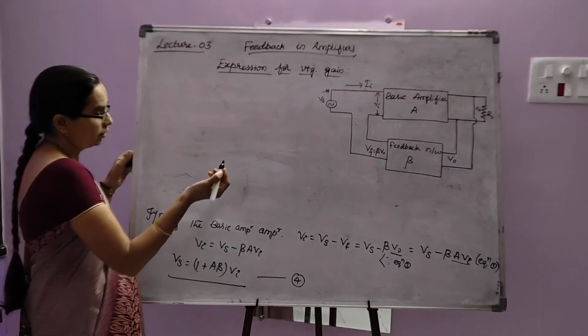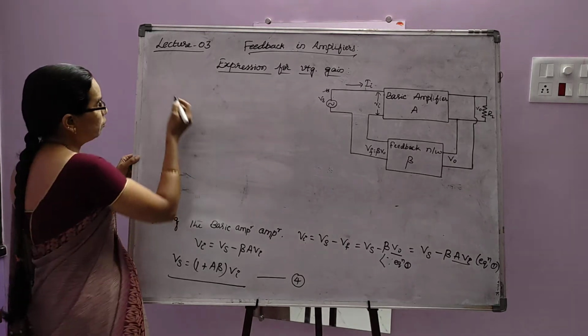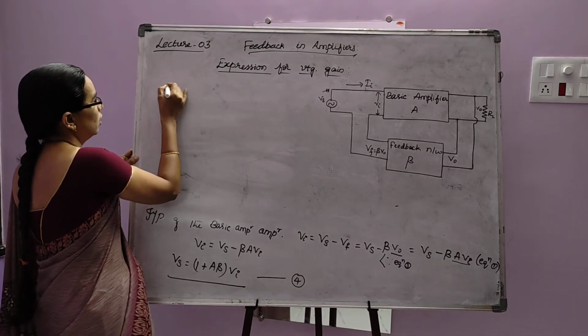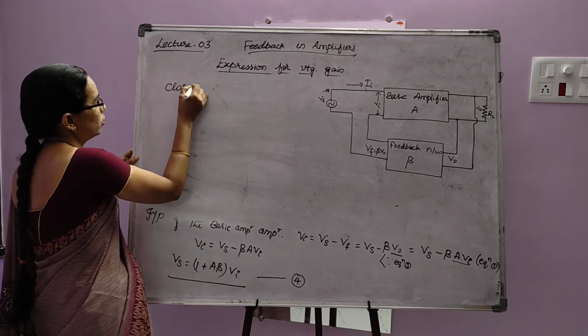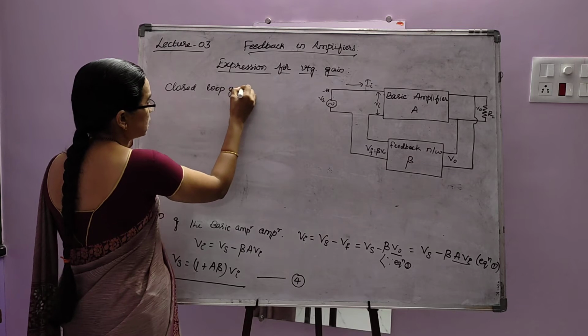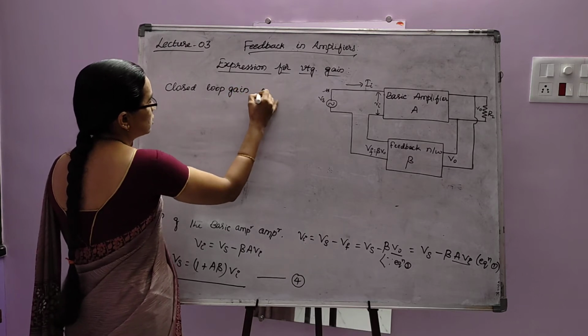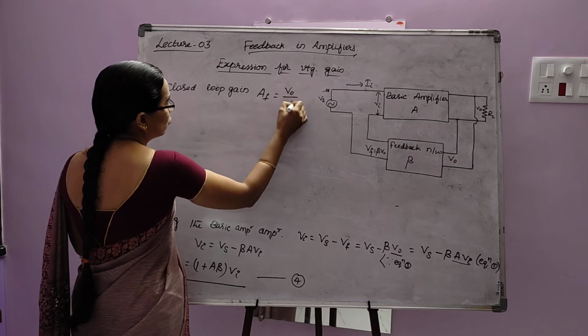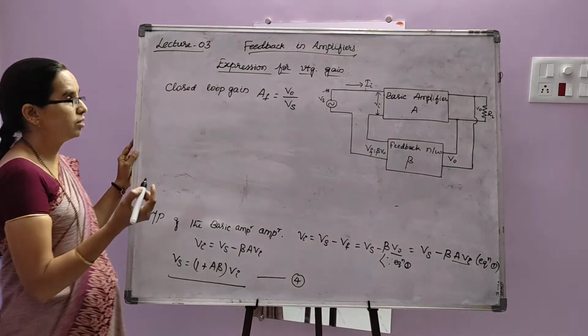Then the feedback closed loop gain, that we have written as equation 2, just see in your page, Af is equal to V naught by Vs. That was equation 2.